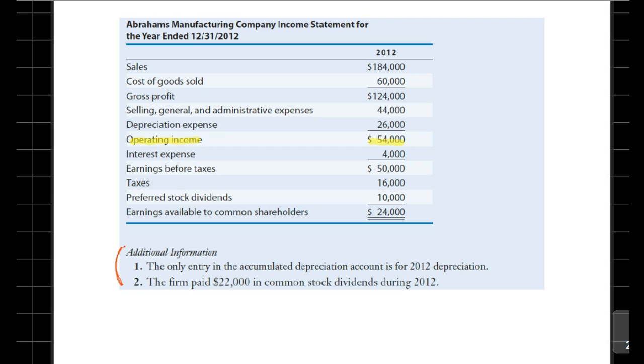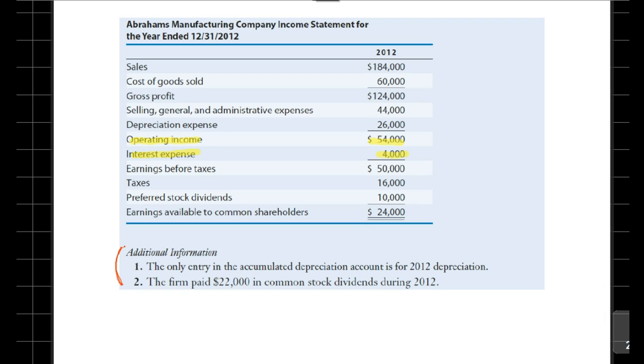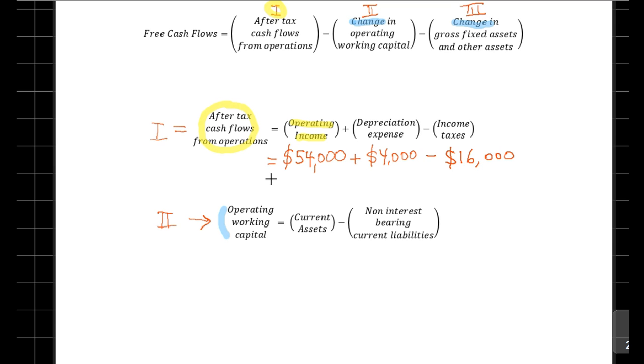Looking into our income statement we should figure that out as well, and there we are, in the amount of $4,000. So let's add that up as well, $4,000. Finally, we need to deduct income taxes. That's also part of the income statement, and there you go, taxes in the amount of $16,000. And we are pretty much done with the first part. Adding up 54,000 and 4,000 will get 58,000, minus 16,000 we should come up with, I believe, $42,000.